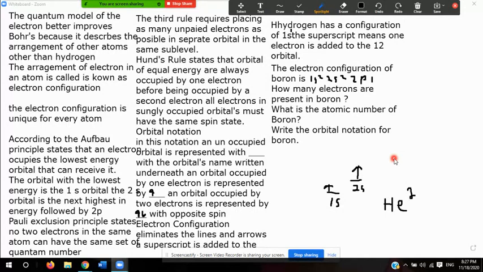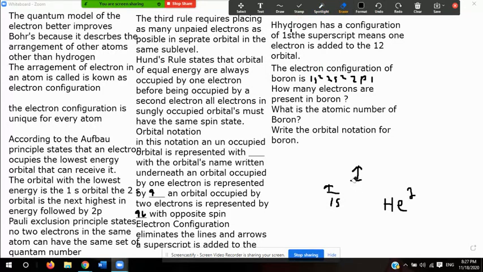That is not possible. What the rule is stating is that if helium has 2 electrons, both of the electrons have to be in the same orbital with opposite spins. That means that both electrons have to be in the 1s orbital, not separated into the 1s and the 2s. So this is not possible according to Hund's rule.